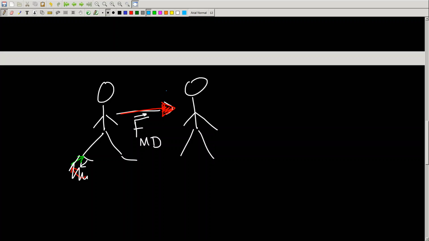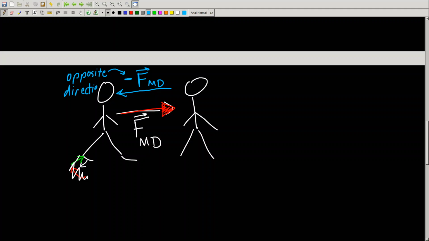Darren will actually apply a force very similar in strength. In fact, it's equal in strength. However, it will be opposite in direction. Opposite in direction is symbolized by that negative. That's what that negative means, opposite direction.